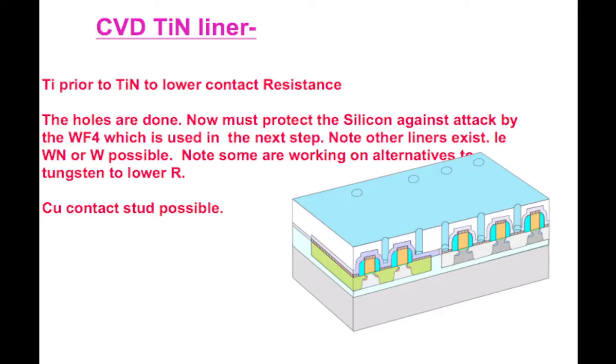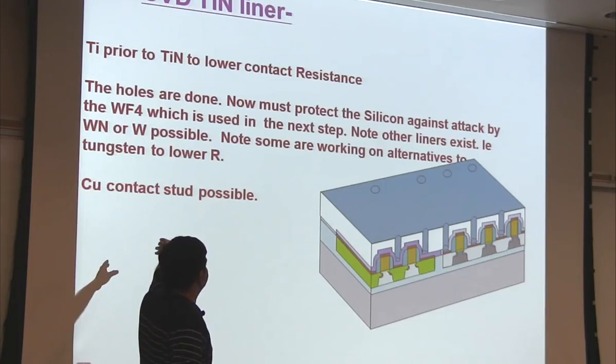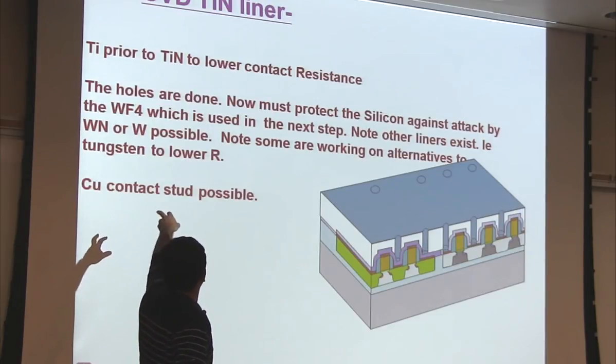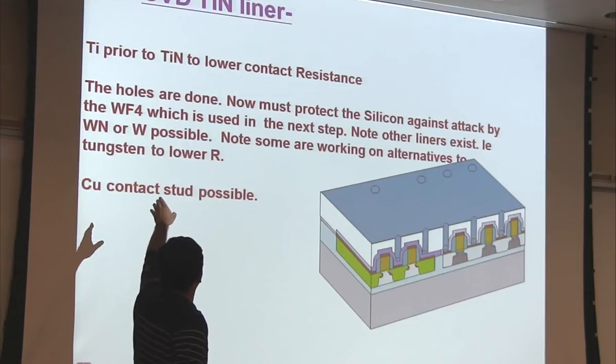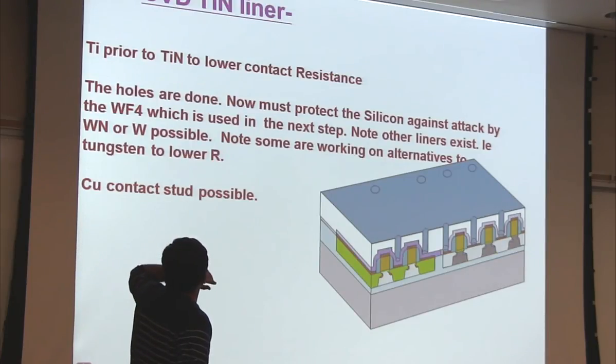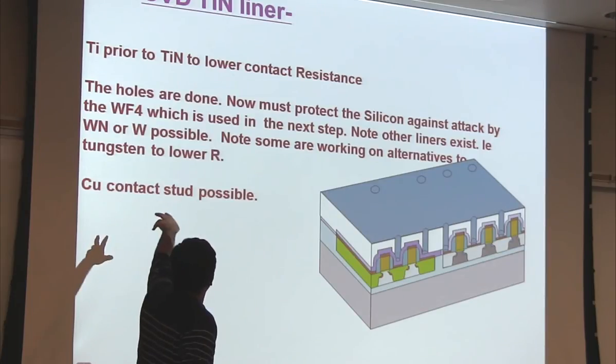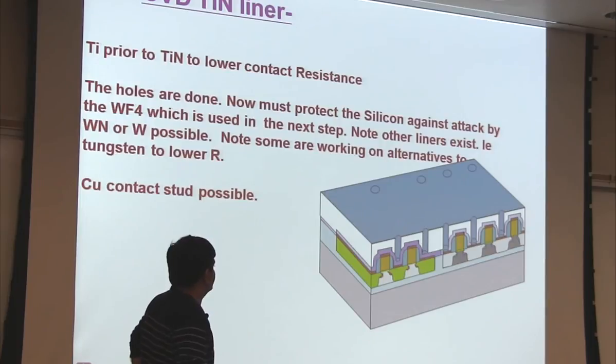So the thing with the damascene process is you need these things called liner or barrier materials. In this case, the material you will be filling it up with is tungsten. Tungsten likes to react. The CVD of tungsten is done using the precursor tungsten hexafluoride, WF6, and essentially it loves to react with oxygen and damage your oxide.